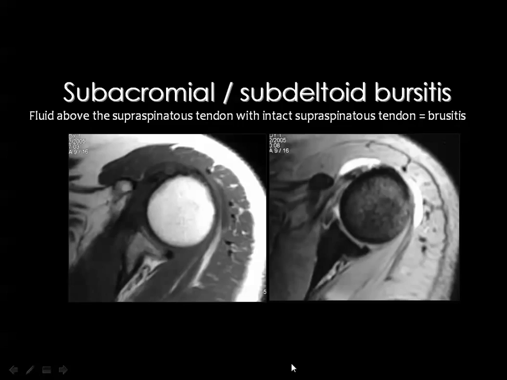Then if the supraspinatus tendon is intact, consider subacromial bursitis. If the tendon is full thickness torn, consider that the fluid is coming from the joint.